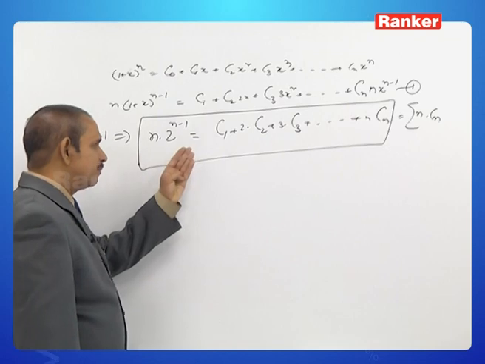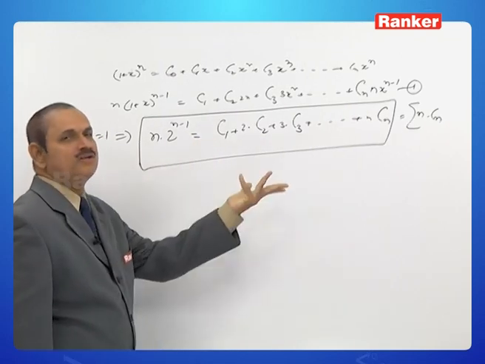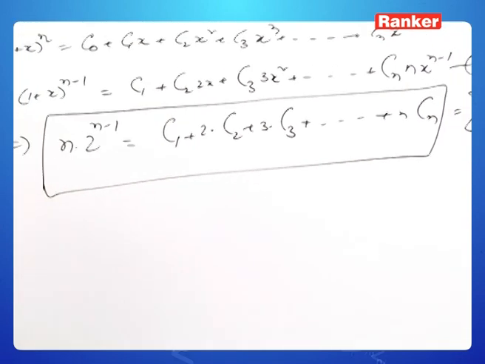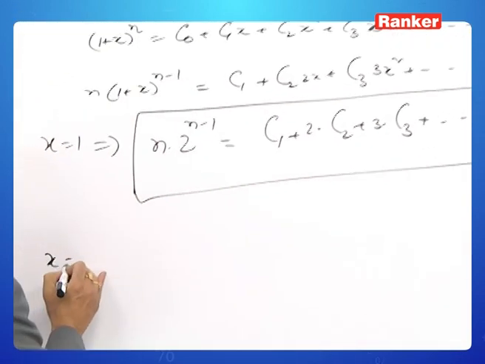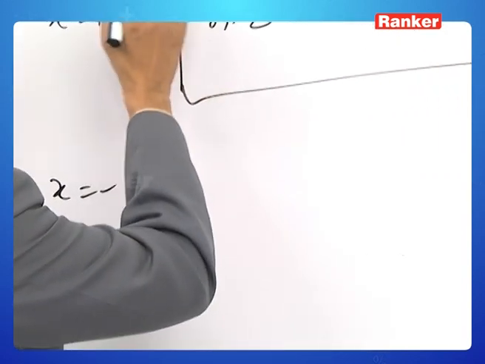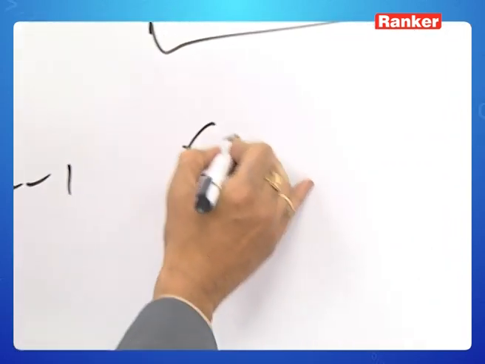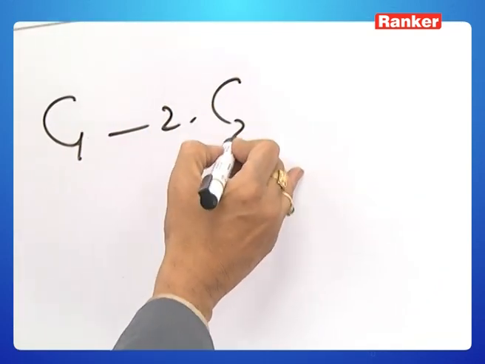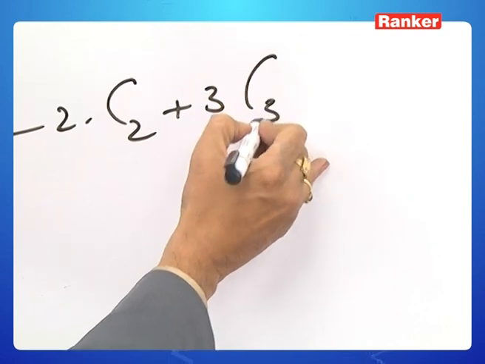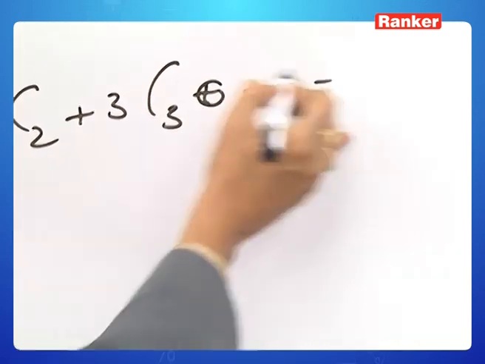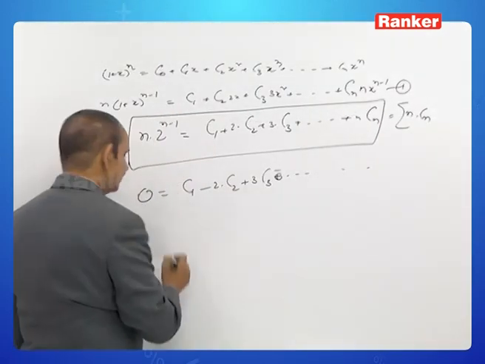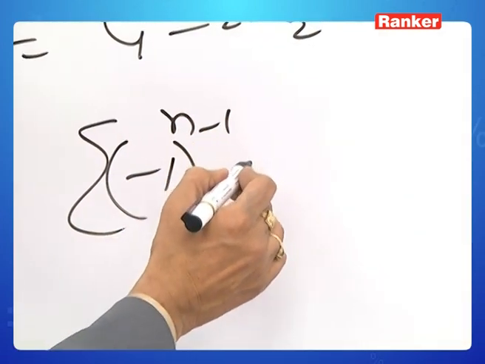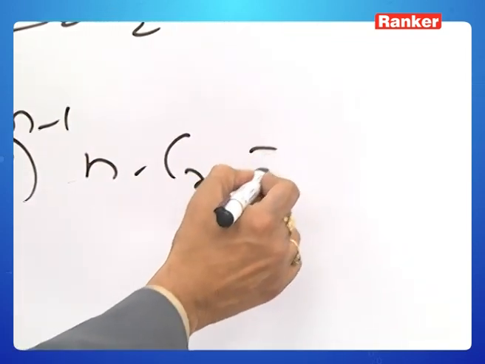Of course, in the previous, 0 into C0 can also be taken, therefore the sigma notation is meaningful. Again, if you take x is equal to minus 1 here, what happens? 1 minus 1, 0. 0 is equal to C1 minus 2 into C2 plus 3 into C3 minus etc. So that this can be taken as sigma (minus 1) whole power r minus 1 into r Cr is equal to 0.